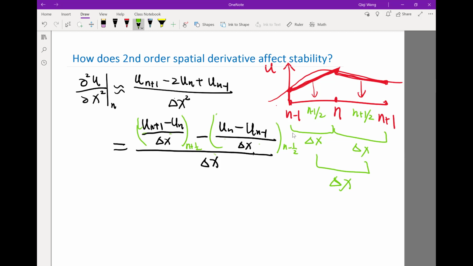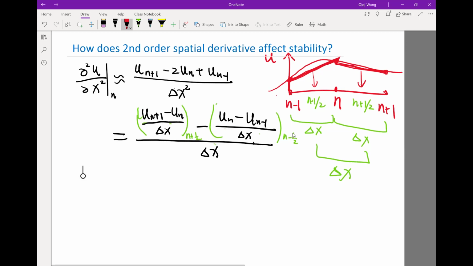All right. So now this is what the scheme for second order derivative looks like at a single grid point. How about the second order derivative approximation as a vector?